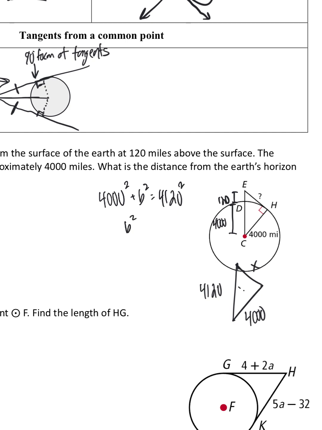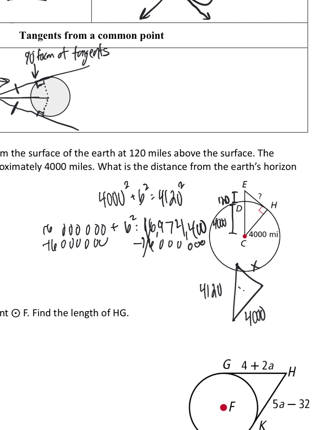When I solve this, 4,000 squared is 16,000,000, and then 4,120 times itself gets me 16,974,400. So when I subtract the 16 million, I get b squared equals 974,400.